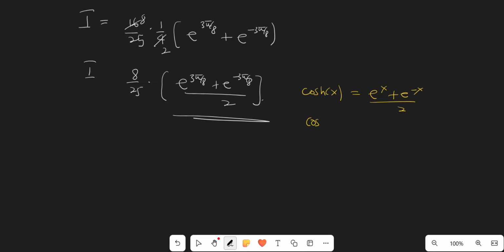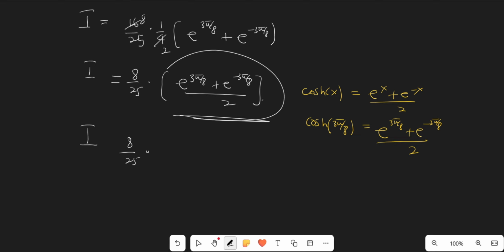That implies that the cosine hyperbolic of 3 pi over 8 is the same as e to the 3 pi over 8 plus e to the negative 3 pi over 8 all over 2. So this one is going to be equal to 8 over 25 times the cosine hyperbolic of 3 pi over 8.